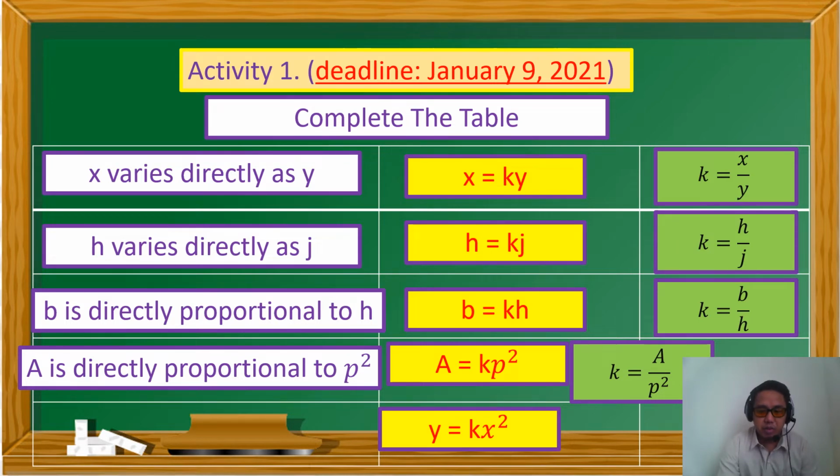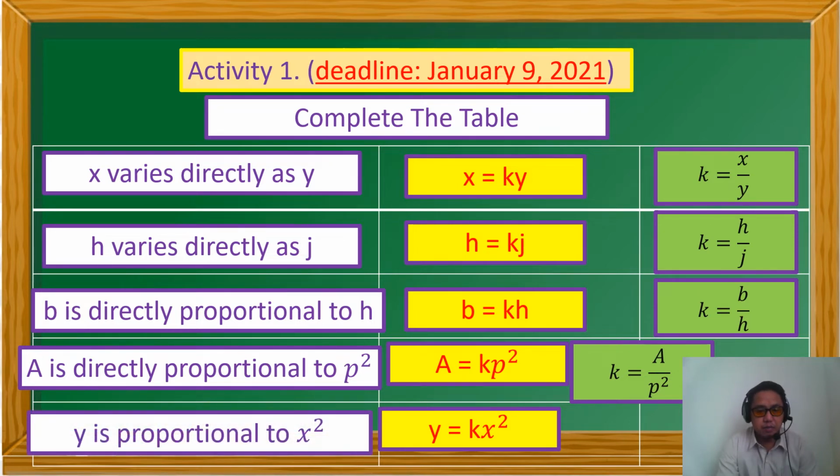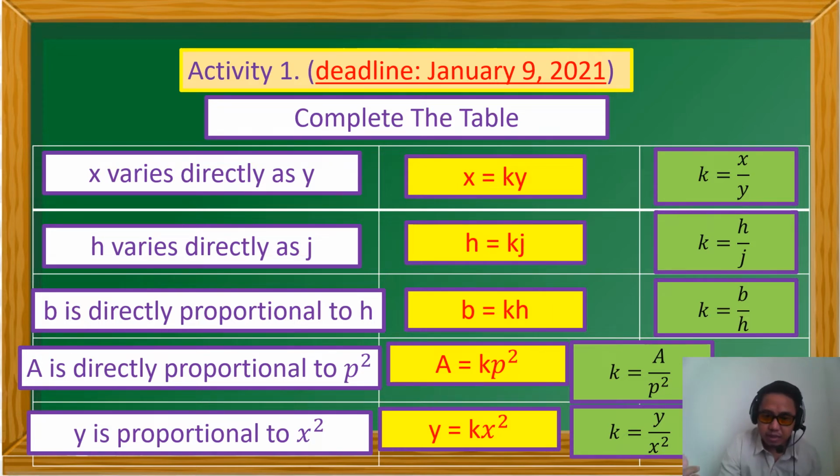Then the last one will be y is equal to kx squared. In sentence, y is proportional to x squared. And the constant, the value of k, will be y over x squared. I hope guys we now know how to translate to mathematical sentences.